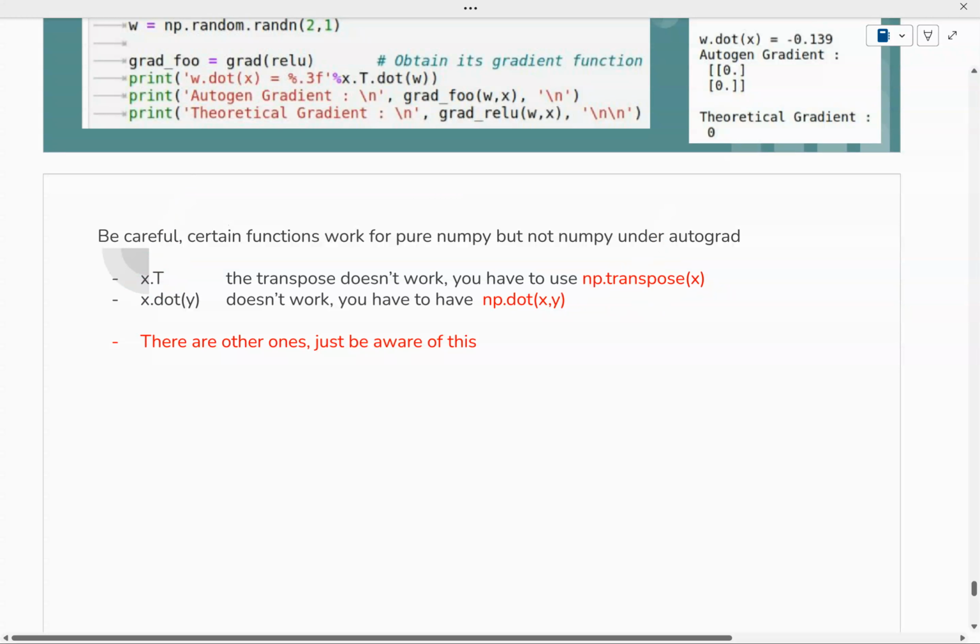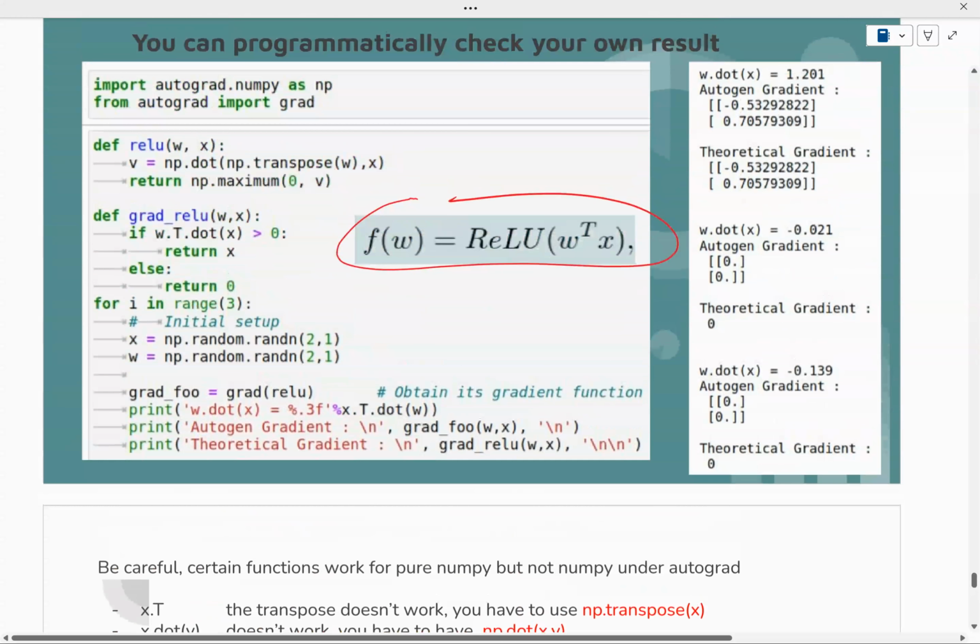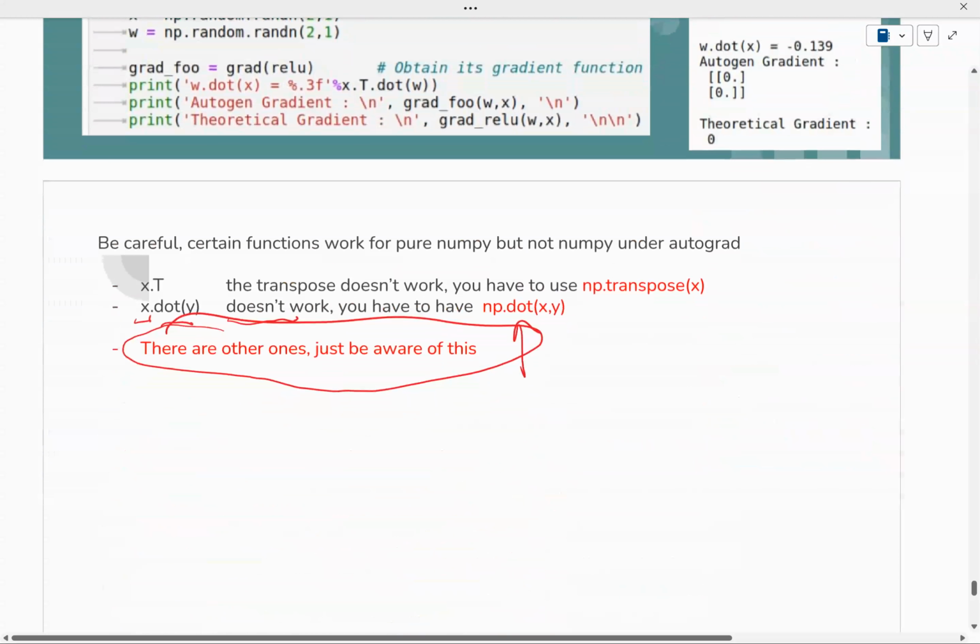Or the dot product, when you have x dot y, I love that form, but in autograd it also doesn't work. So for these, you will have to use np dot. There are other ones too. Just be aware that if one of the functions you were using stops working when you're using autograd, that's the reason.